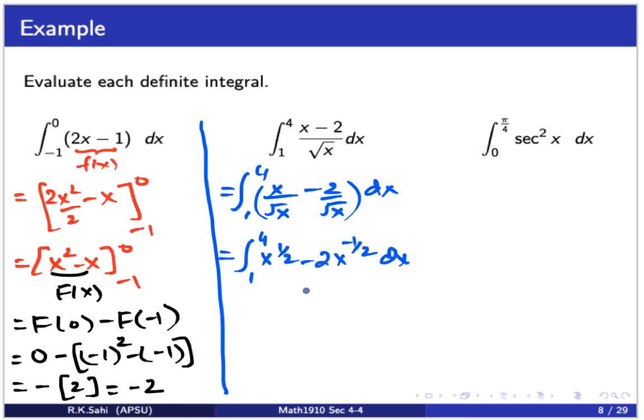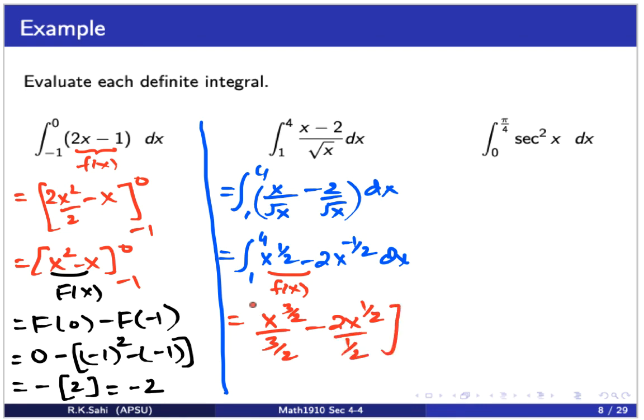Now we have cleaned it up, and we can easily apply the rules of integrals. Remember, once again, this is your little f of x. So when you clean this up, what you get is x to the 3/2 over 3/2 minus 2x to the half over half.